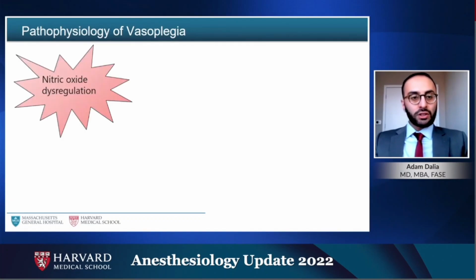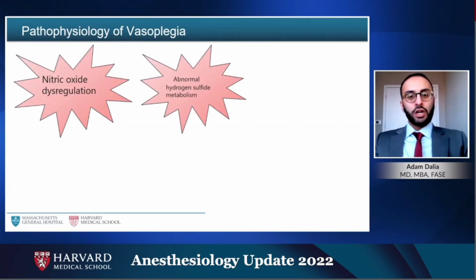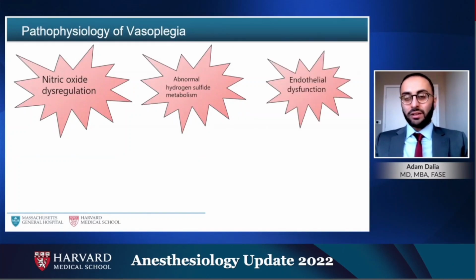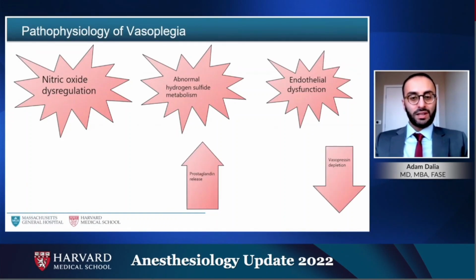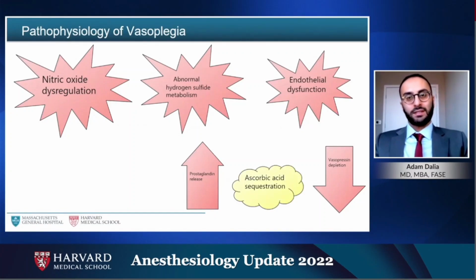So you have nitric oxide dysregulation, you have abnormal hydrogen sulfide metabolism, you've got endothelial dysfunction occurring, you have an increase in prostaglandin release, a decrease in vasopressin, as well as ascorbic acid sequestration. And it's important to understand all of these components of vasoplegia because each treatment that we're going to be discussing attacks one part of this vasoplegia.